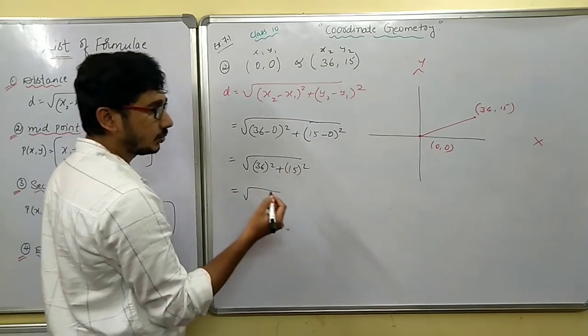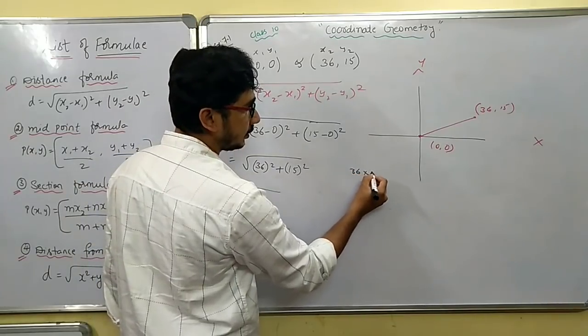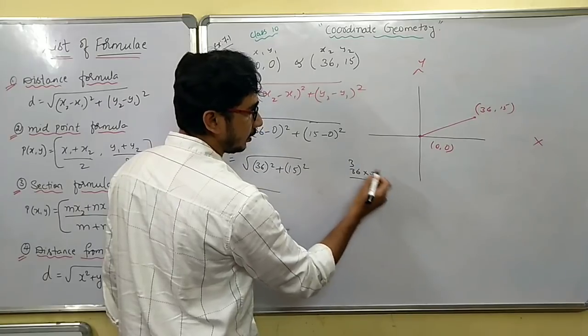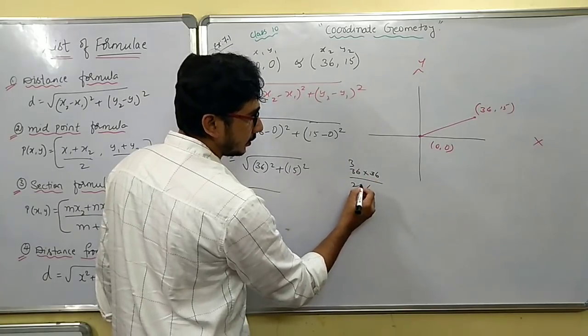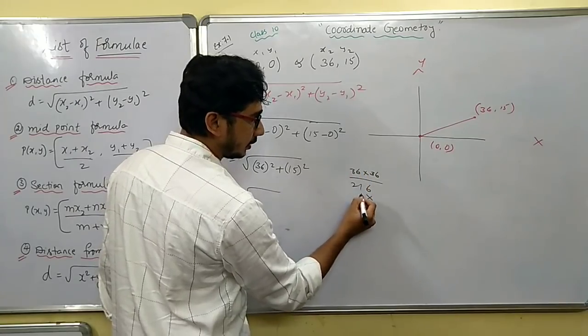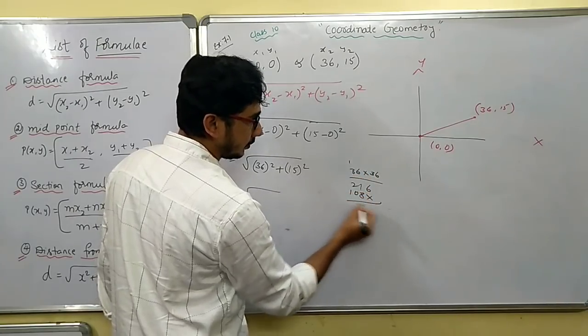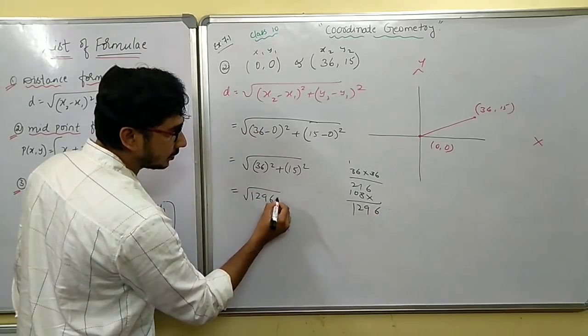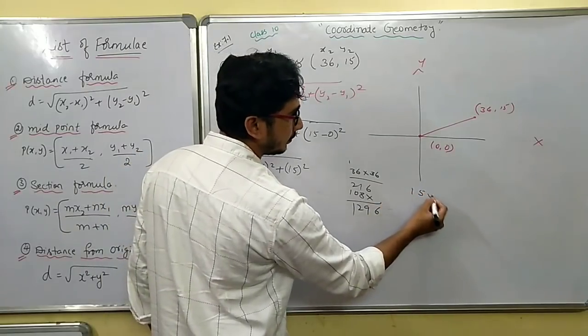So 36 square how much? 36 into 36. 6 6s are 36, 6 3s carry. So 1296.